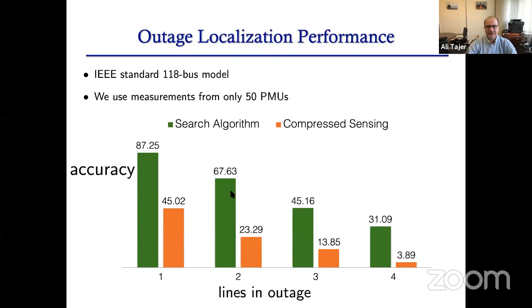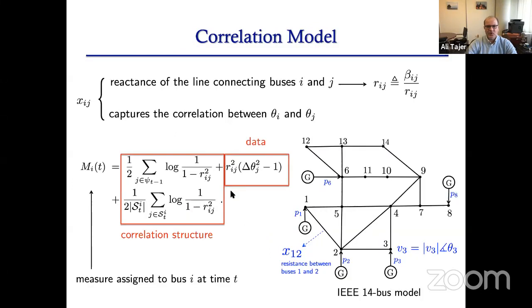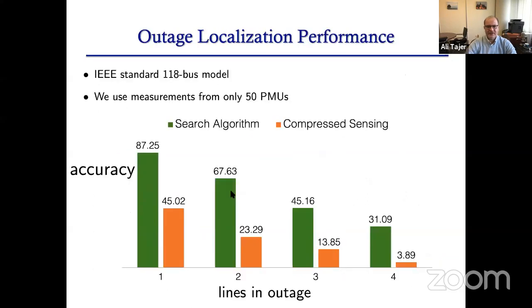And based on that, we can localize the location of the anomalous line, the line in outage, much faster than the other state-of-the-art algorithms. The state-of-the-art algorithm before we implemented this was compressive sensing, which tries to get a compressed observation of the entire network at every time, and based on that wants to localize the structure of the network.